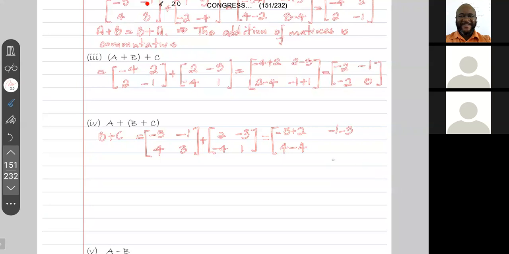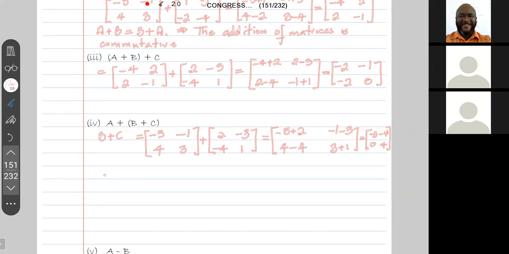And 3 plus 1. So the answer here is minus 3, minus 4, 0, 4. So this is B plus C.